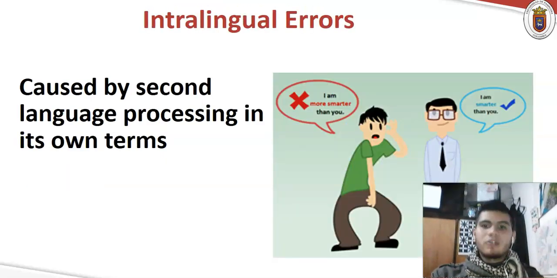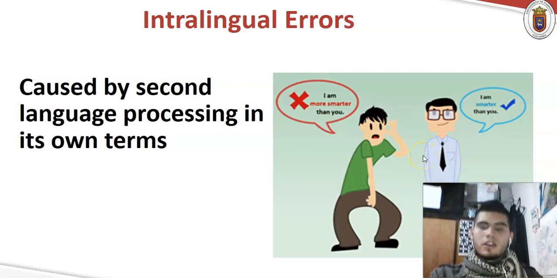Intralingual errors. Intralingual errors are caused by second language processing itself. An example: "I am more smarter than you." The teacher says, "No, I'm smarter than you."